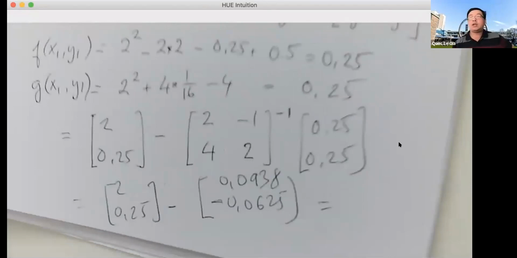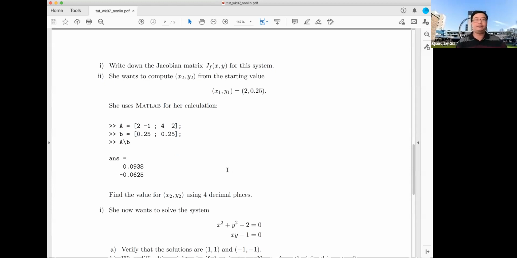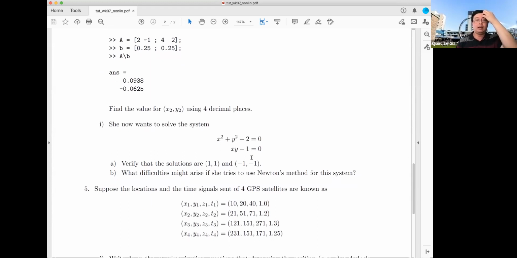Okay, so one more question. Now if you go back to this question, we have another system: x squared plus y squared minus 2 equals 0 and xy equals 1.